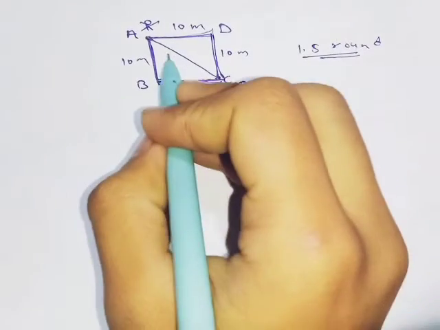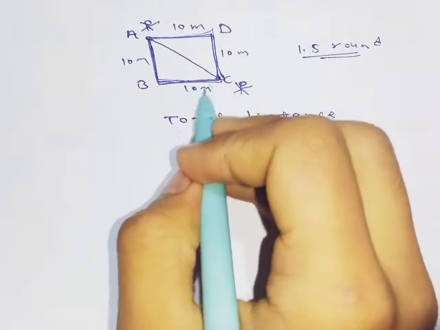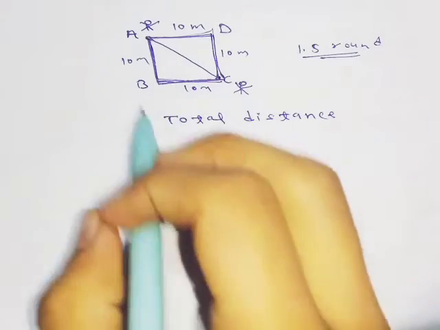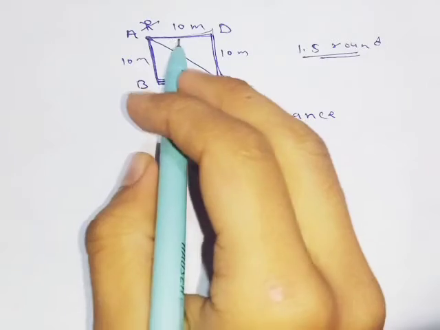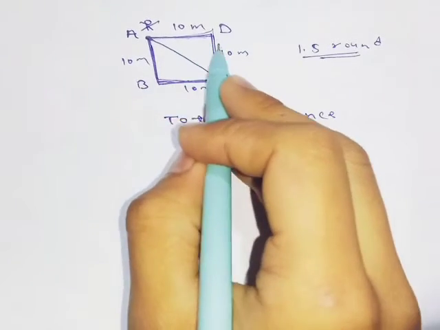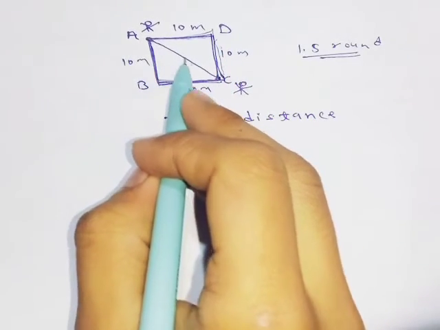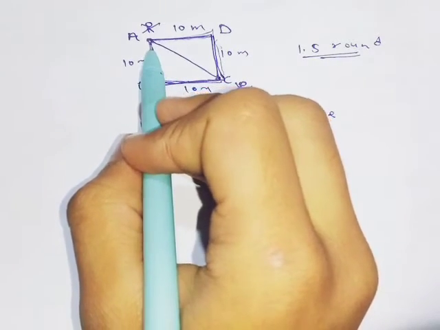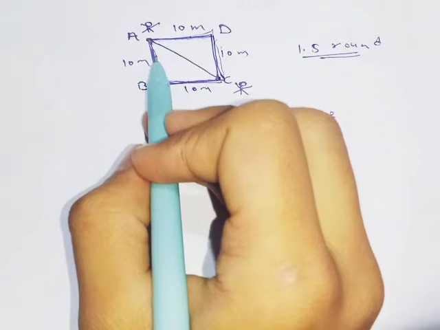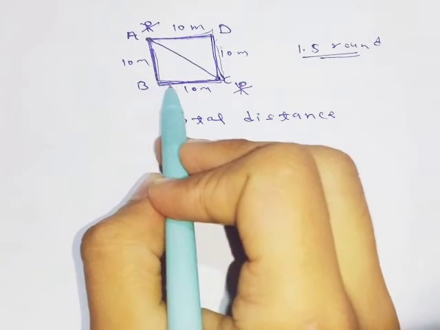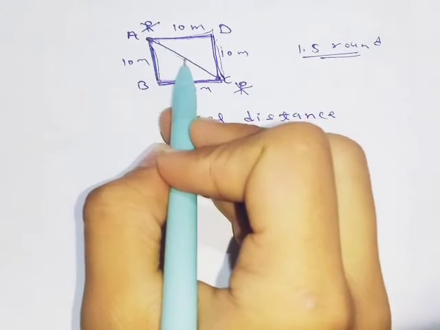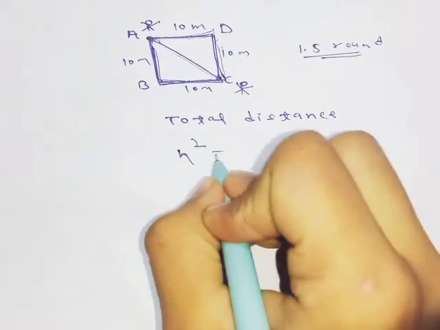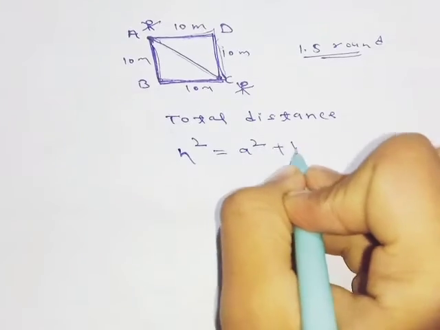Now how can we find how much distance I covered? We can find it by using Pythagoras theorem. Take this as base, take this as altitude, and take this as hypotenuse. For your simplicity, leave this. Take this as altitude, take this as base, and take this as hypotenuse. So by Pythagoras theorem, altitude square plus base square.